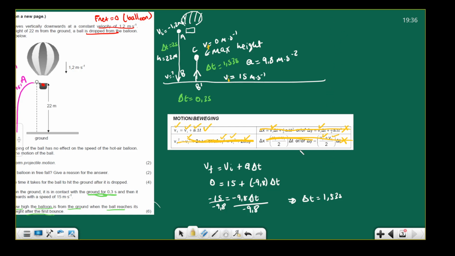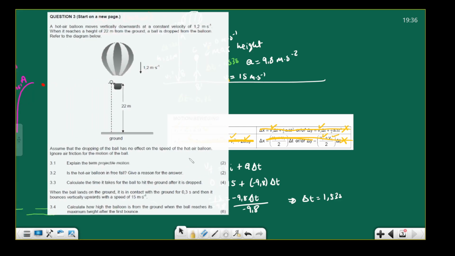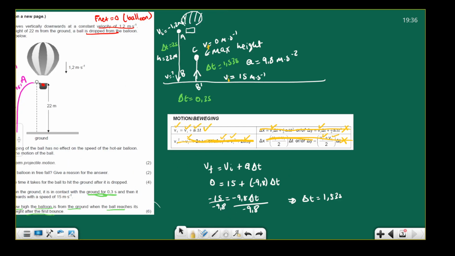To then answer the question, remember this is still 3.4. This is the whole of 3.4. So now I've got the total time. I'll say the total time elapsed.